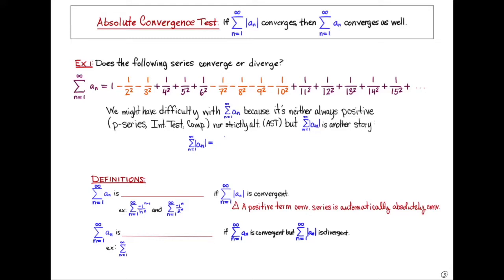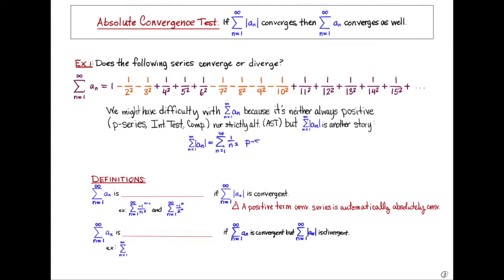But with the absolute convergence test, we can look at the sum of the absolute value of the terms, and in this case, that would equal the sum from n equals 1 to infinity of 1 over n squared. And this we know converges.